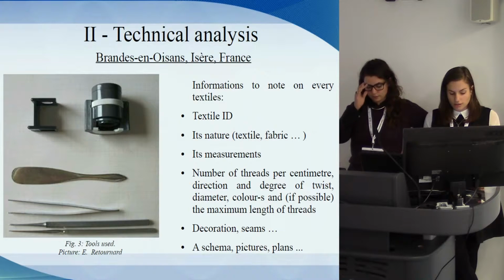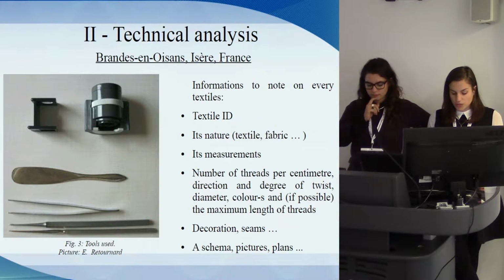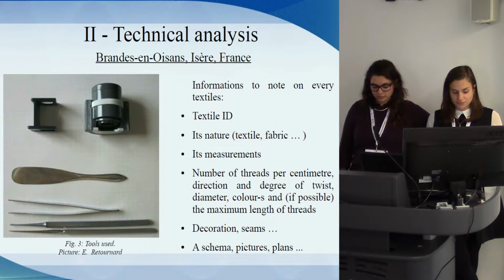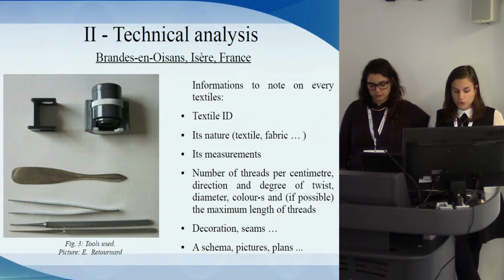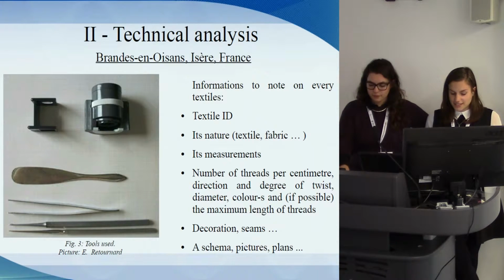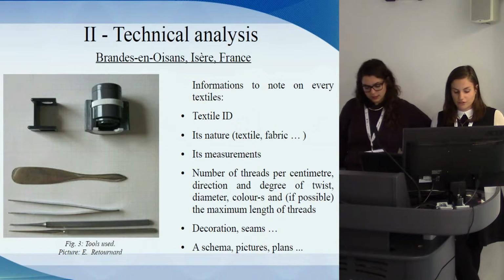Samples are selected based on research issues and on the proper storage of materials for delivery of a lot of information. After the technical analysis, samples should be kept in a dry place.